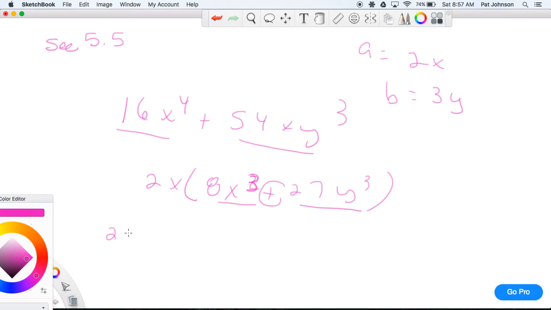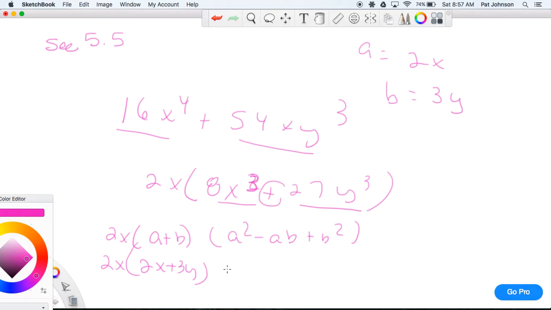So I have 2x times, remember it's a plus b, so 2x plus 3y, times a squared minus ab plus b squared.